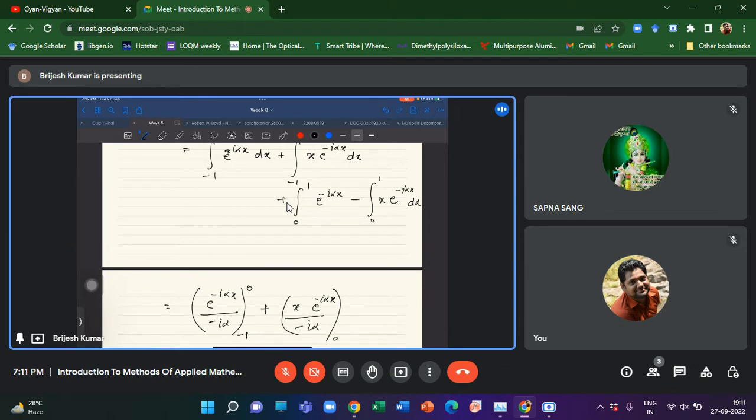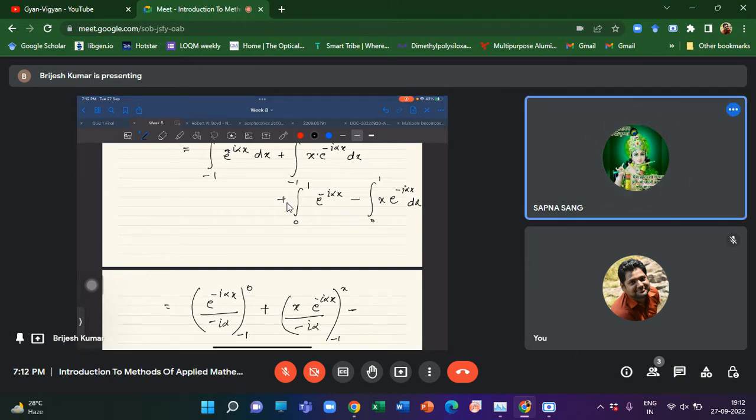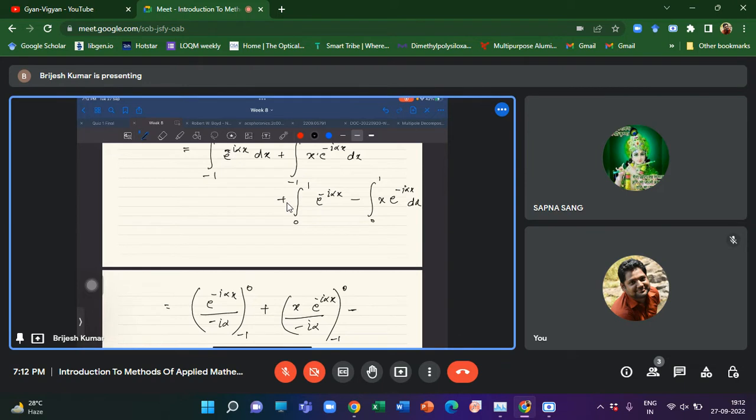Then minus the differentiation of the first, which is 1, times the integration of the second. Can you understand what I'm saying?